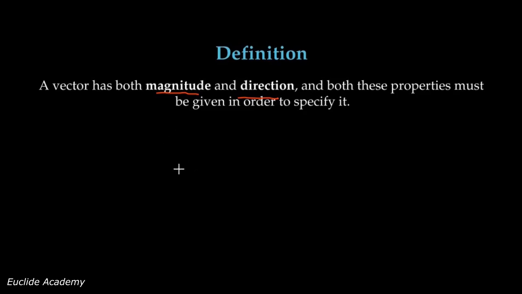For example, thinking about a vector in a mathematical sense, it has got two things. That is, if we talk about direction, we're talking about where that vector is pointing and how much of that vector do we have.